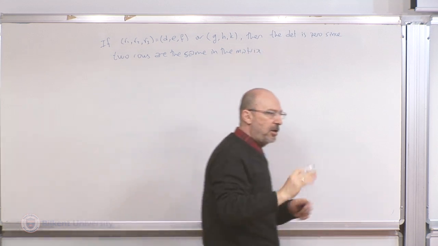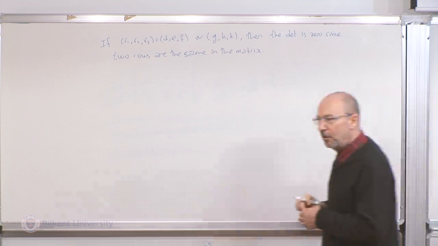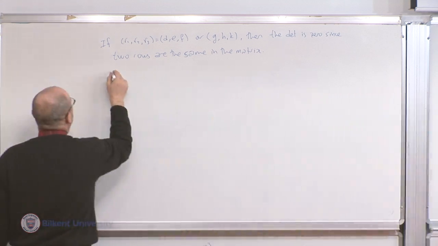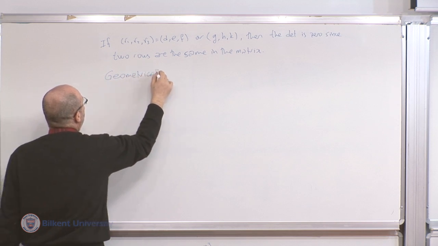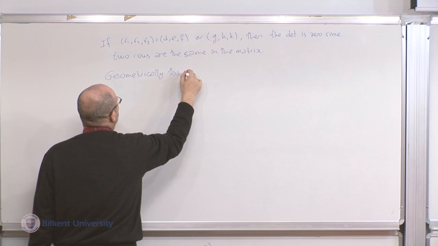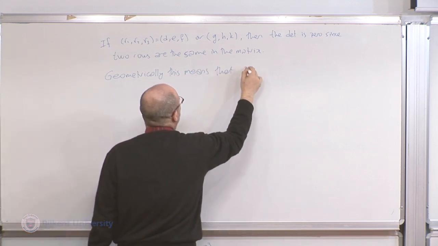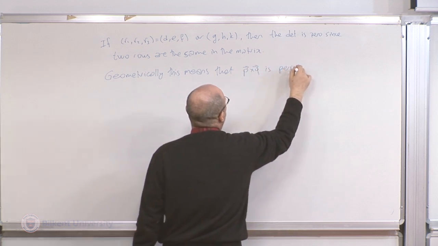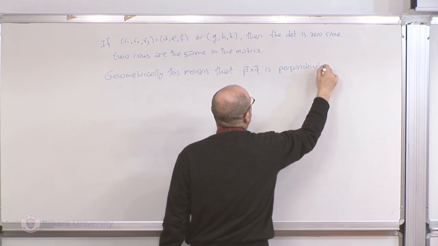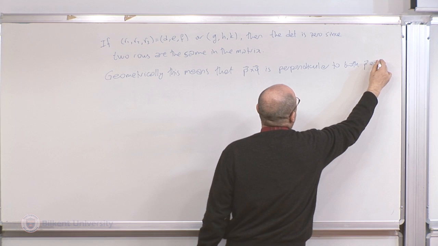Okay, so this is the algebraic result. Now we are interested in the geometric conclusion of this. Geometrically, this means that P cross Q is perpendicular to both P and Q.